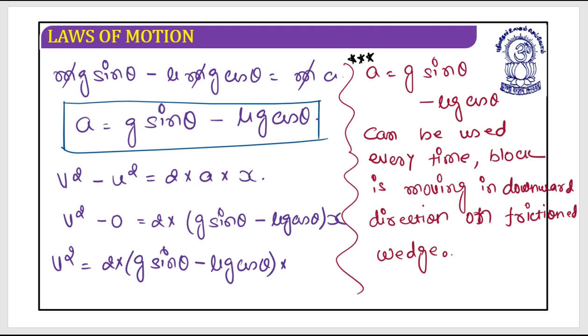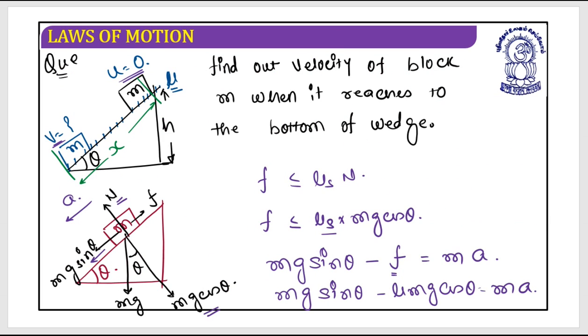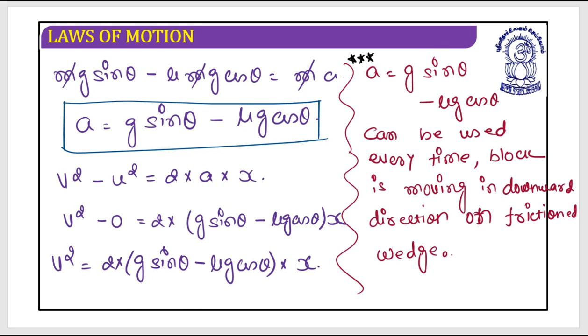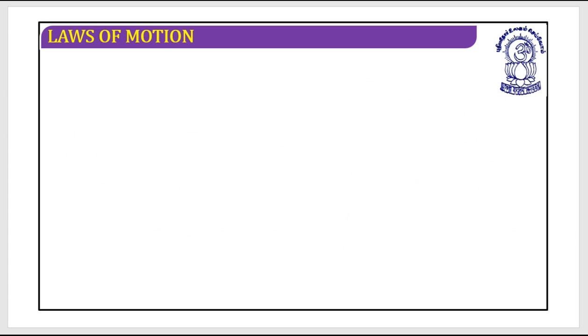Now how should I write the x? Because in our data x was not given. The given data was h. So I need to replace this. How should I replace this? Theta is given.